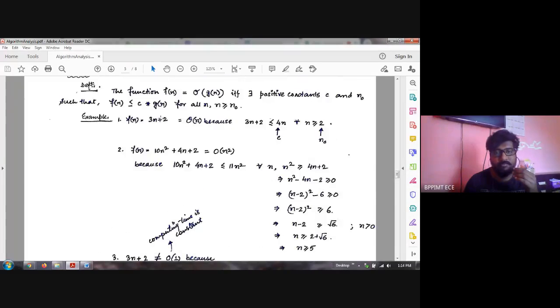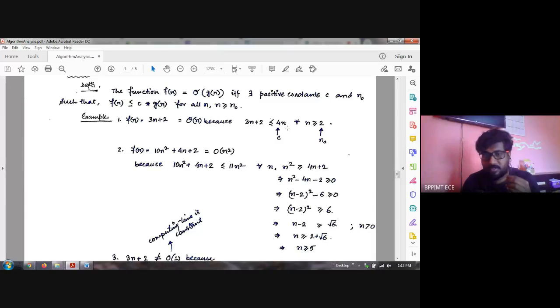We had this example. If you have a time complexity function f(n) equal to 3n plus 2, that is Big-O of n, because we can find the positive constants c and n0. See, 3n plus 2 can be said to be less than or equal to 4n. But is it true always?